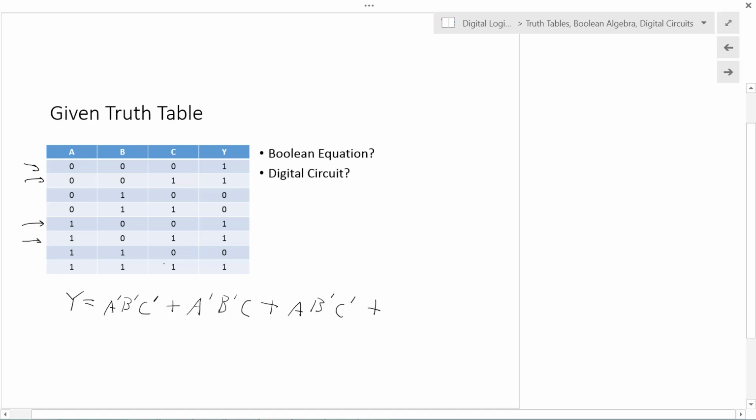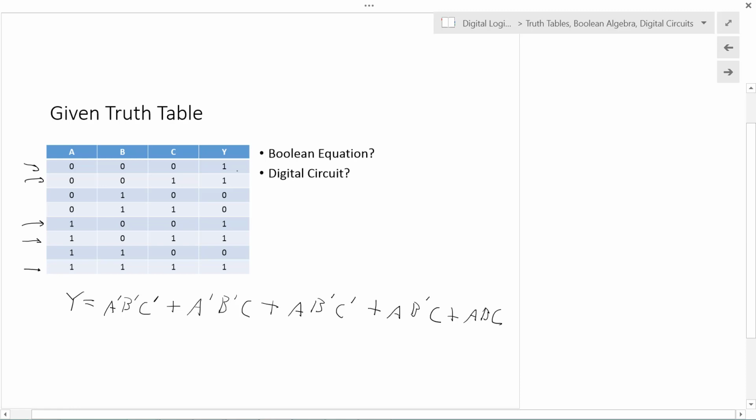Or A is equal to 1, B is equal to 0, and C is equal to 1. Or A equals 1, and B equals 1, and C equals 1.